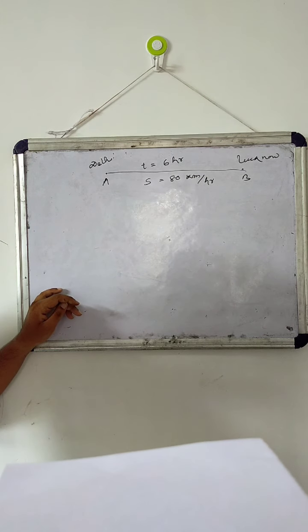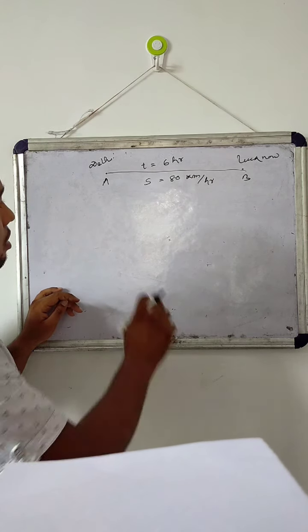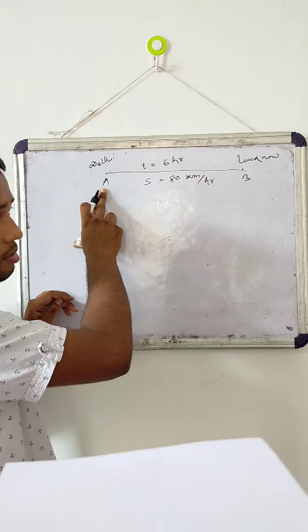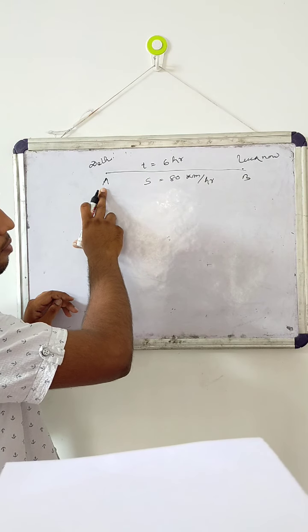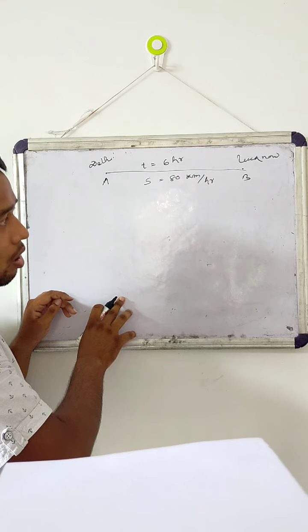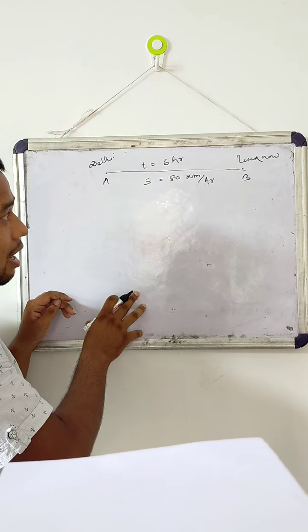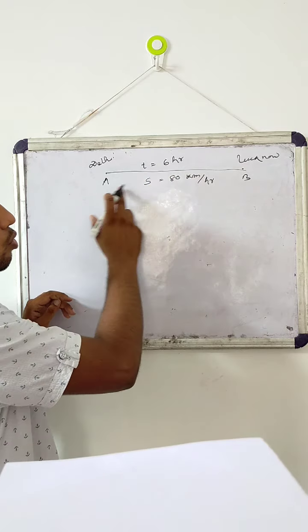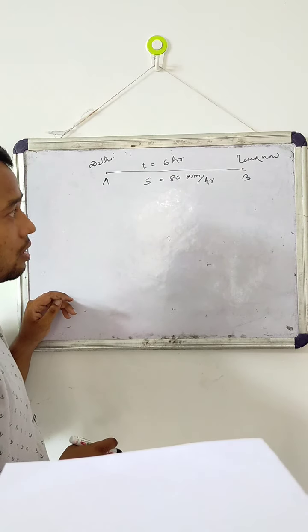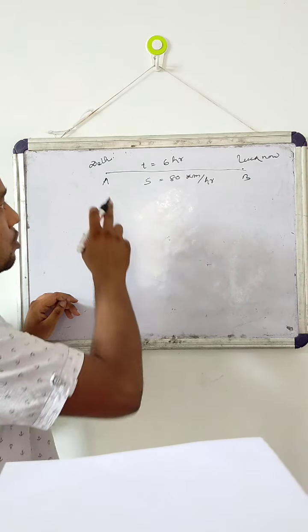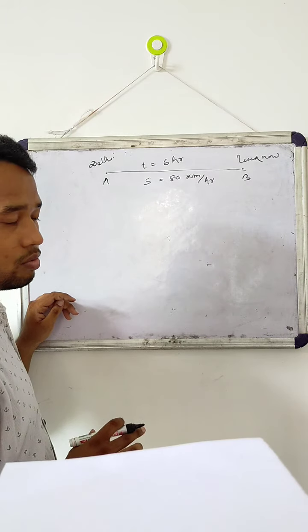So if a train starts at Delhi and moves to Lucknow with a speed of 80 km per hour and takes 6 hours to complete the journey, then what will be the distance between Delhi and Lucknow?